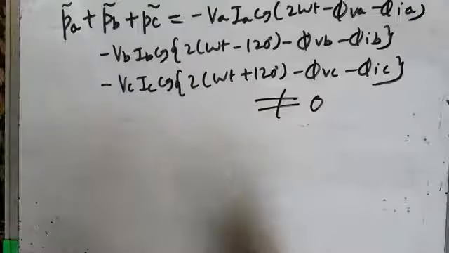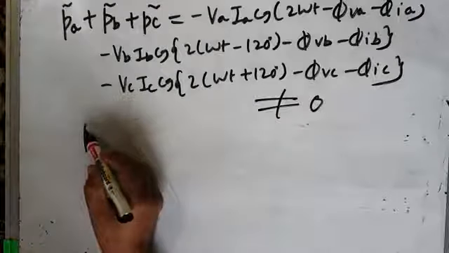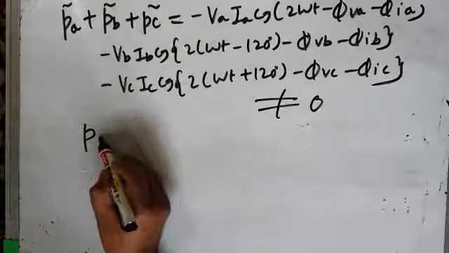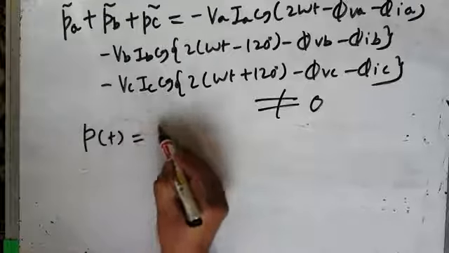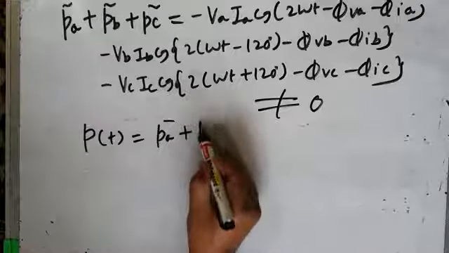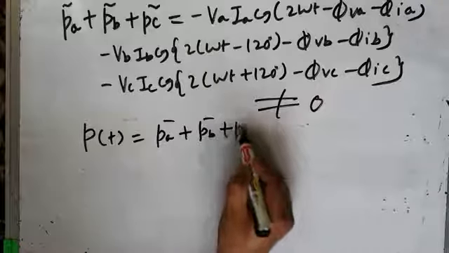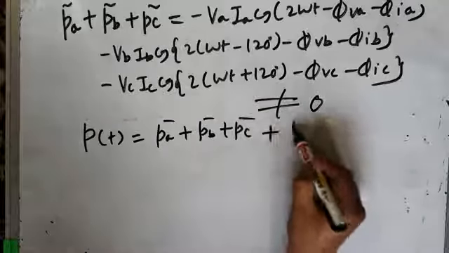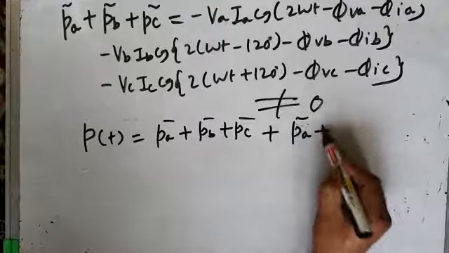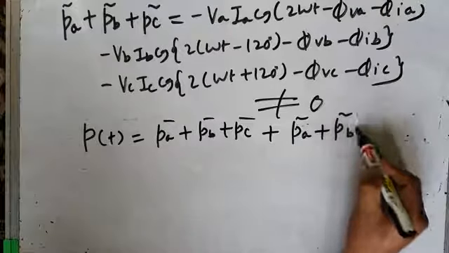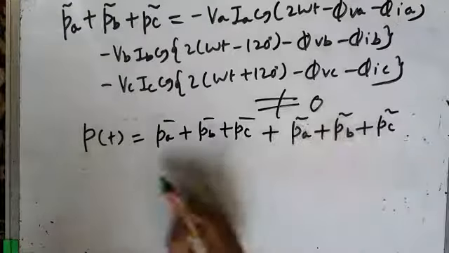This relation tells us that total active power, PT, is equal to PA plus PB plus PC, that is, the sum of average powers plus the sum of oscillating terms of powers: PA oscillating plus PB oscillating plus PC oscillating. What is this?